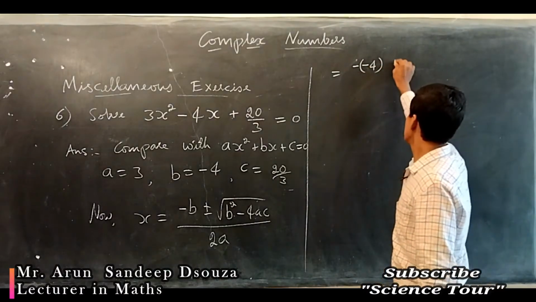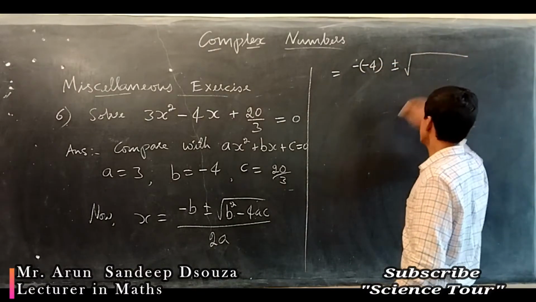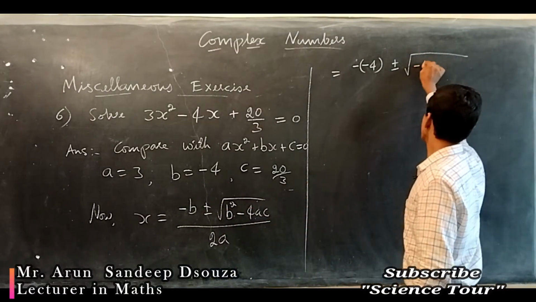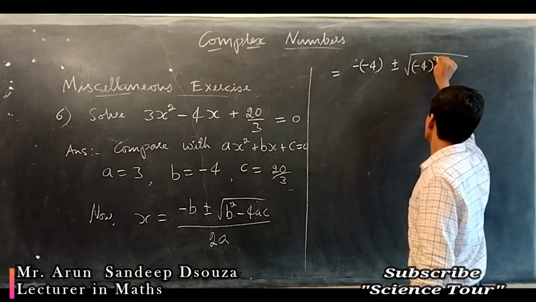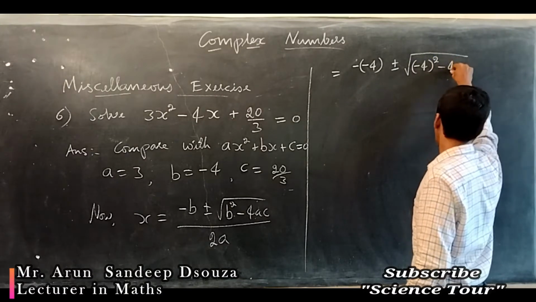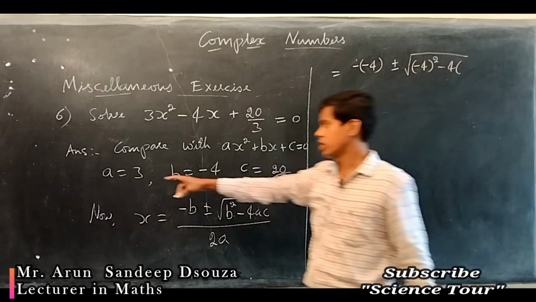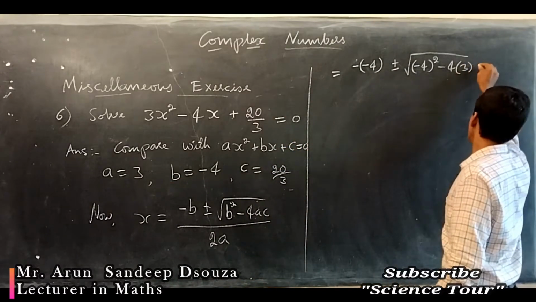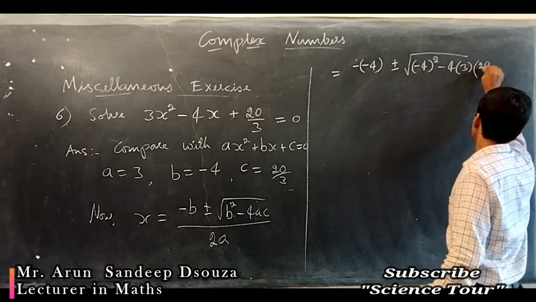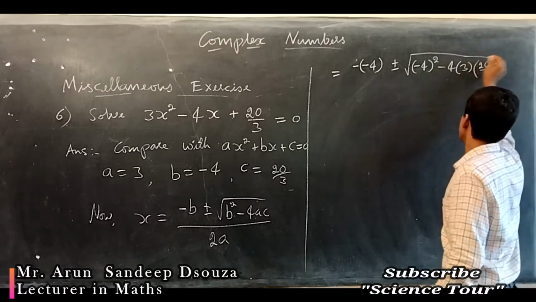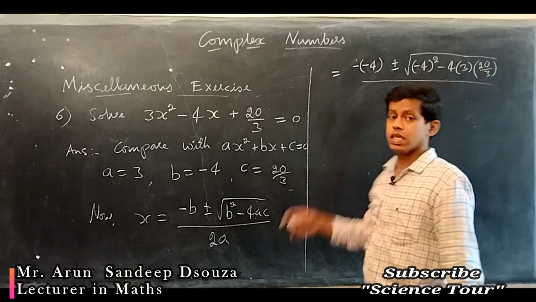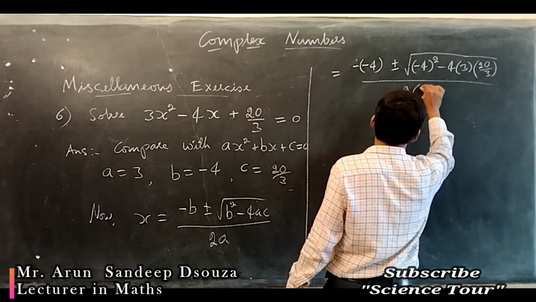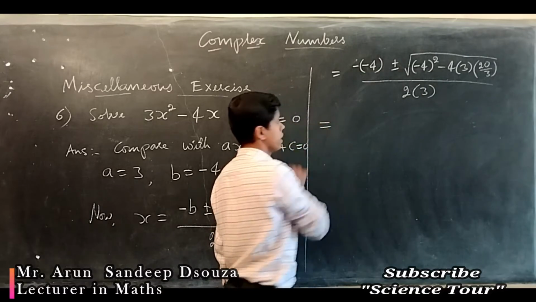Plus, and then square root of b square minus 4ac. So a is 3, and b is... sorry, c is 20 by 3, divided by 2a. So a is 3 there.